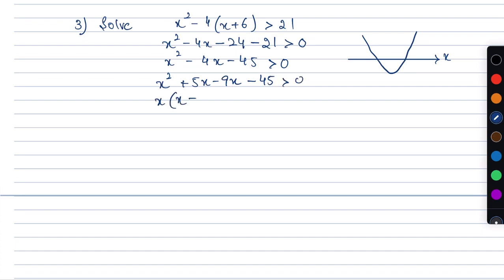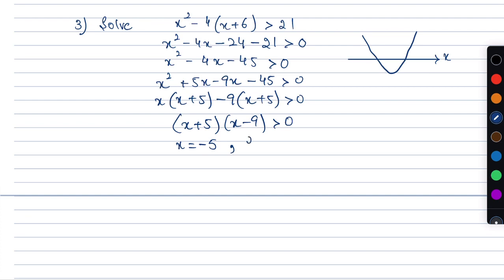Solving it, it's x(x plus 5) minus 9(x plus 5), or (x plus 5)(x minus 9) greater than 0, or I can say that the two x-intercepts or the two roots are minus 5 and 9.